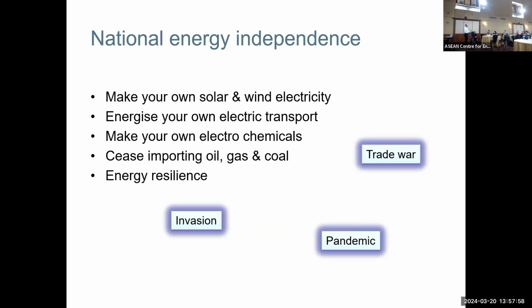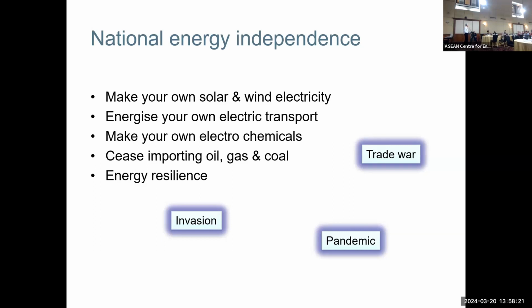And you can also have trade wars. But the one thing about solar and wind is that almost everybody's got it. And if you build your own solar and wind-based electricity system supported by batteries and pumped hydro and transmission, then you're locking in energy independence forever.